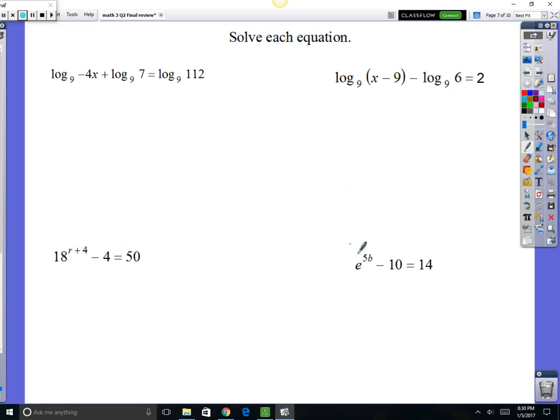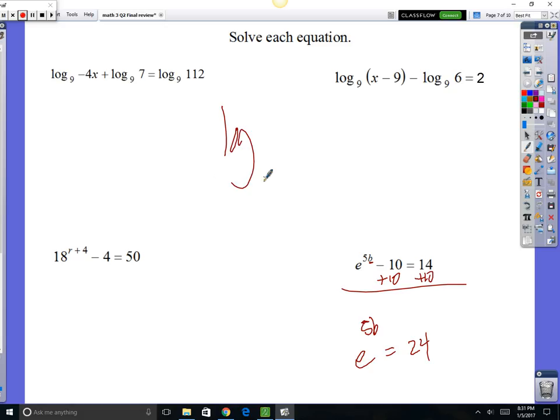Okay, the next one, the fourth one, solve for b. So undo this minus 10 first. So let's plus 10 to both sides. And you should have e to the 5b equals 24. And then you got to undo the e. So the only way to undo a base is a log.